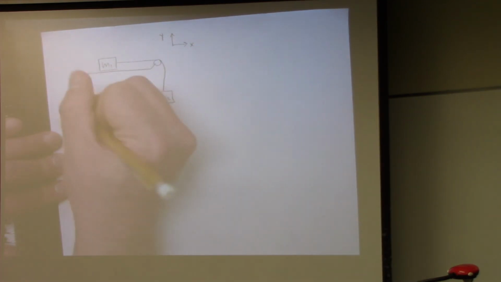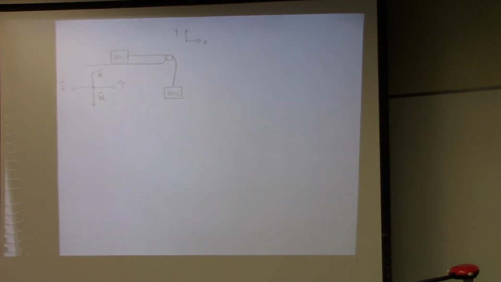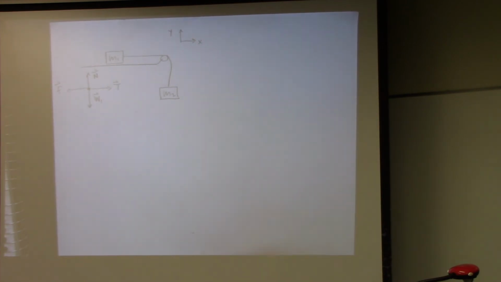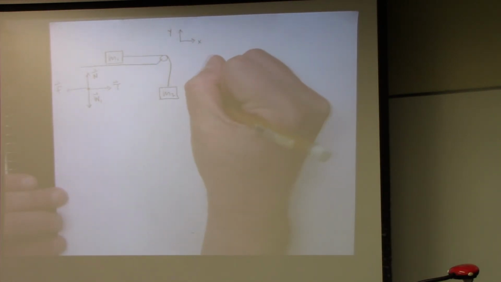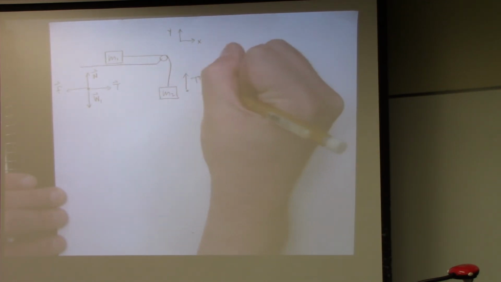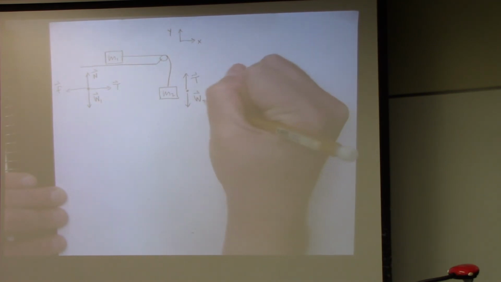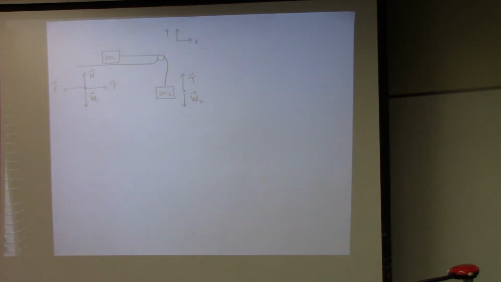But at the same time, we're going to have friction of some kind pulling it the other way, to the left. Okay? For block 2, here's what we have. We have tension pulling it up, and we've got the force of gravity, or the weight, pulling it down. So that's the diagram. We're going to refer to this throughout the problem. Okay?